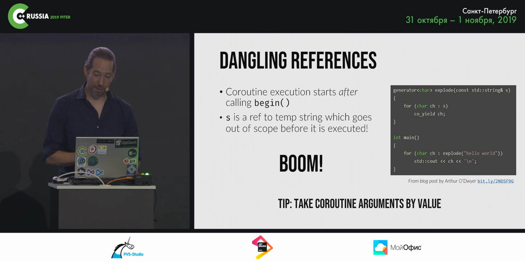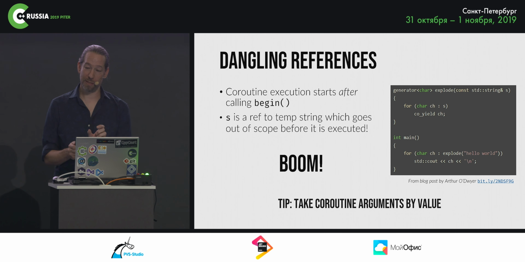And the way we use it is we have a simple range for loop where we're taking all of the values of the generator by calling explode with "hello world" and trying to print them out. Now this code actually does explode, because we are passing a character literal to explode.